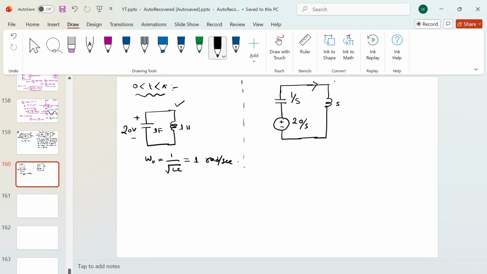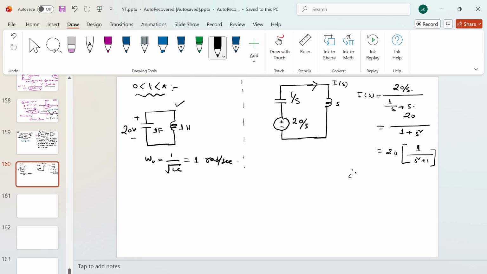Let's say I want to calculate the current I of S. So the current I of S is simply 20 by S divided by (1 by S plus S), which is 20 by (1 plus S square), so 20 times 1 by (S square plus 1).